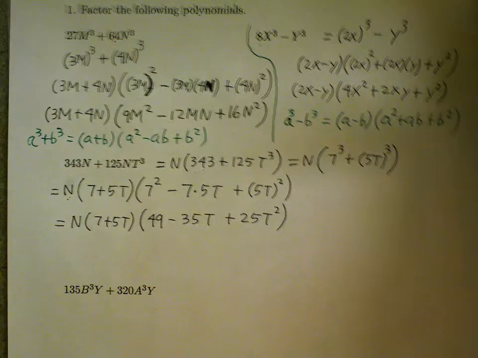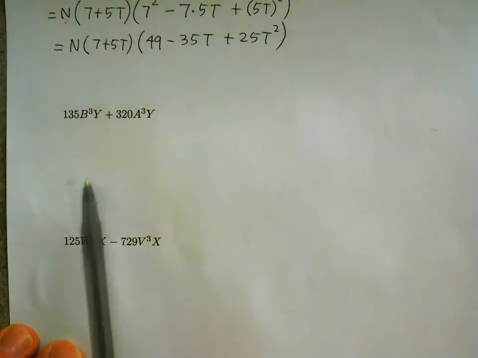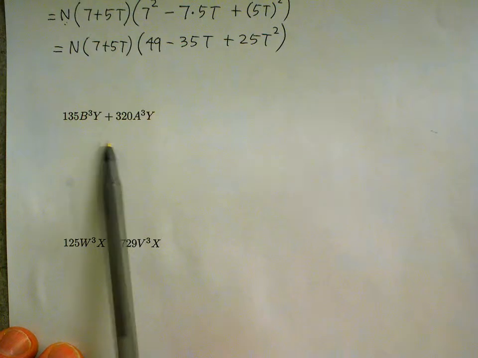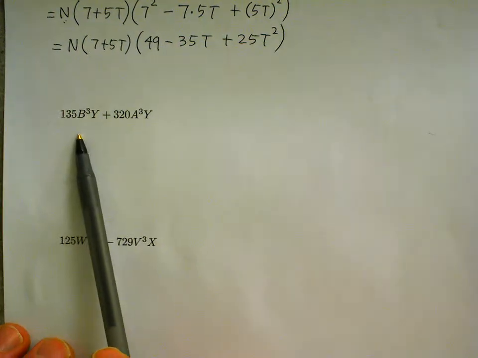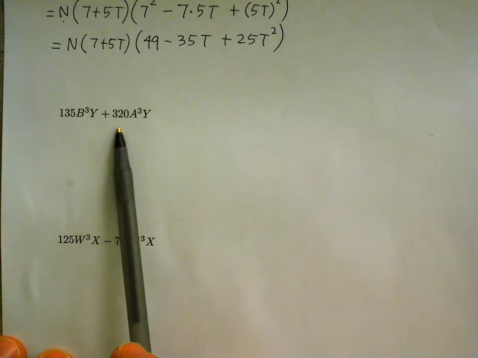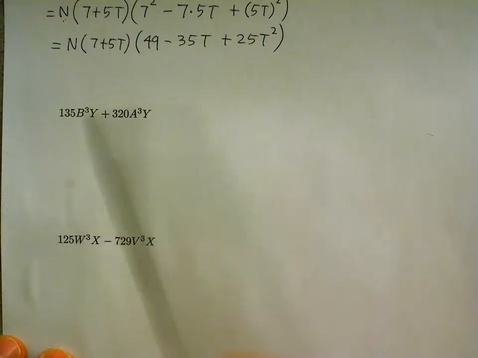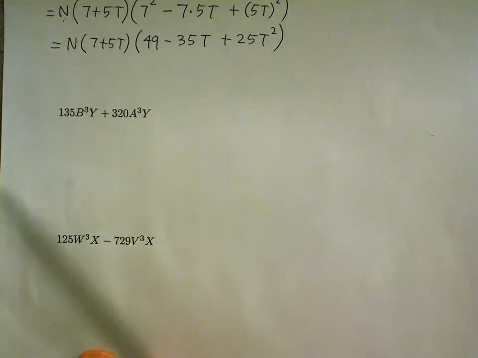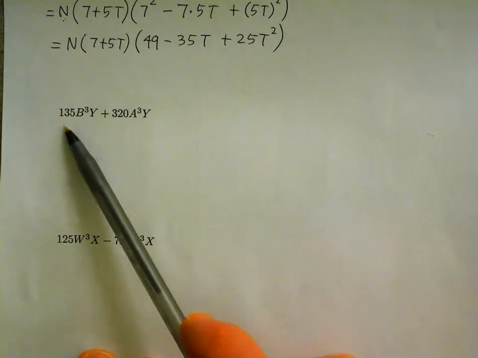Okay, let's proceed to the next example. Now we want to factor 135b to the third y plus 320a to the third y. So first, factor out the greatest common factor.